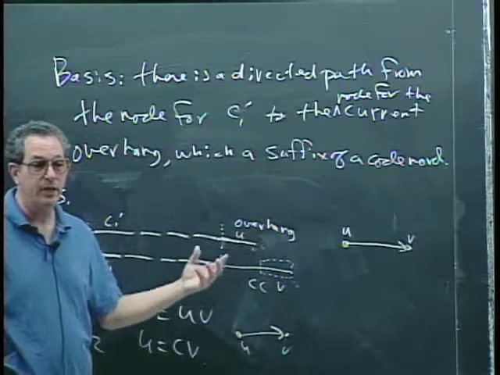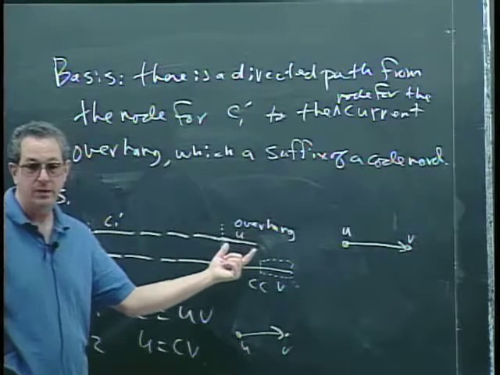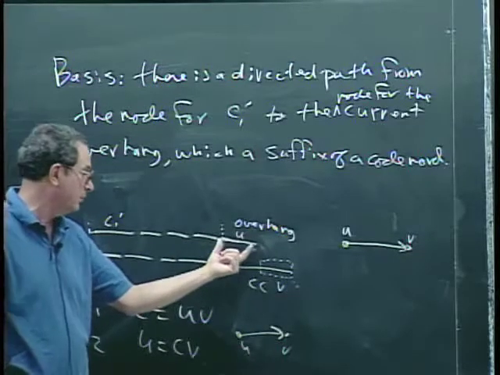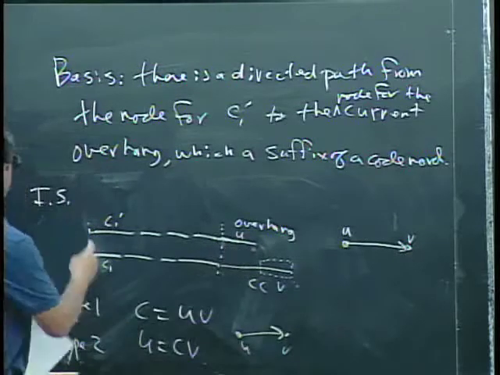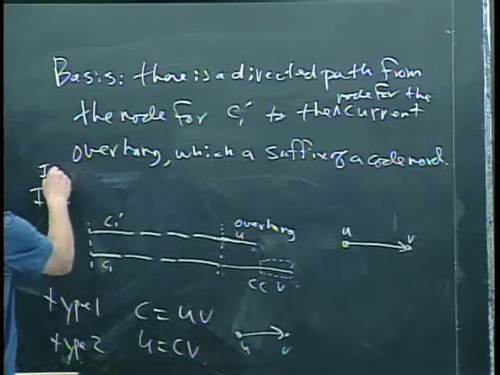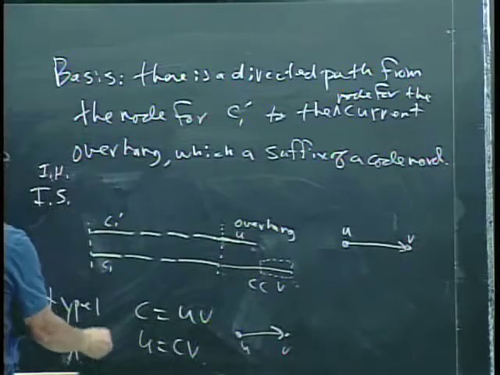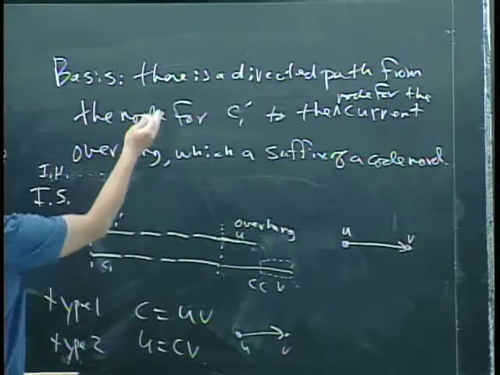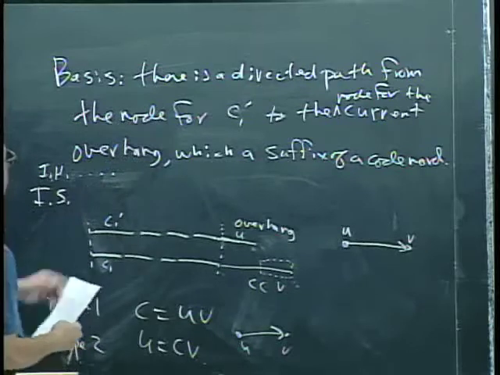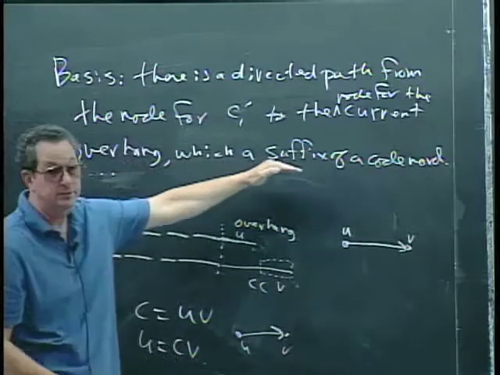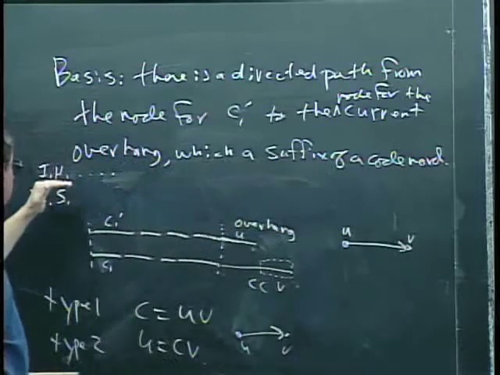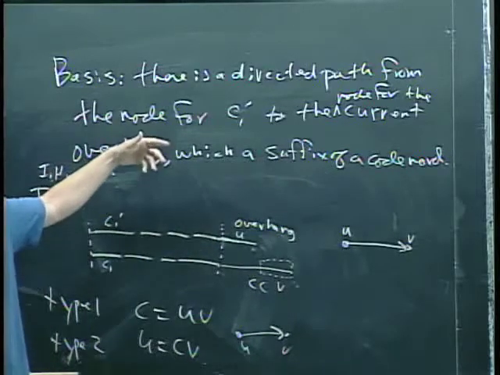Well, it's the overhang, so it's always a piece of the longer code word, the code word of the longer parse. I could put it in the inductive hypothesis if I want. The inductive hypothesis is that there's a directed path from the node for C1 prime to the node for the current overhang, and that's a suffix of a code word. So we can say this is the inductive hypothesis as we proceed through this construction.